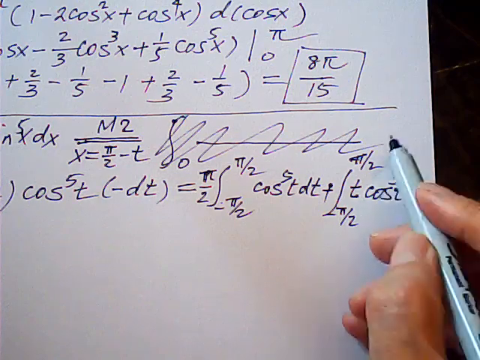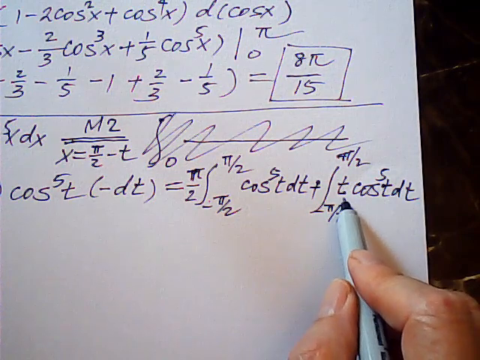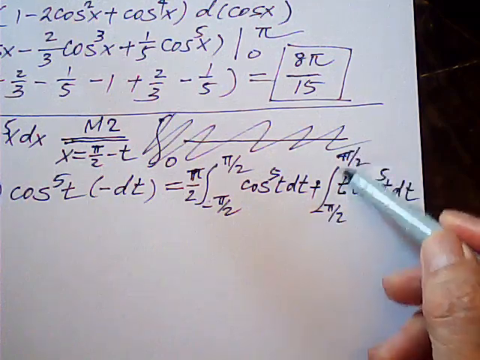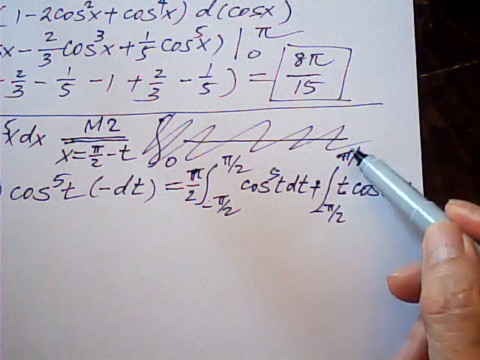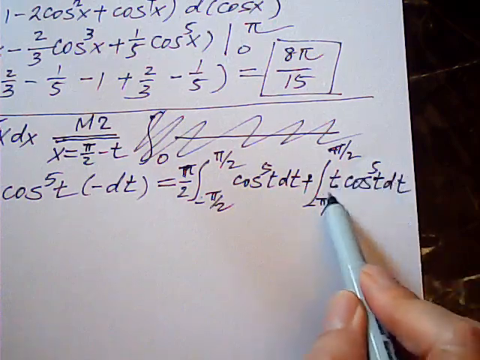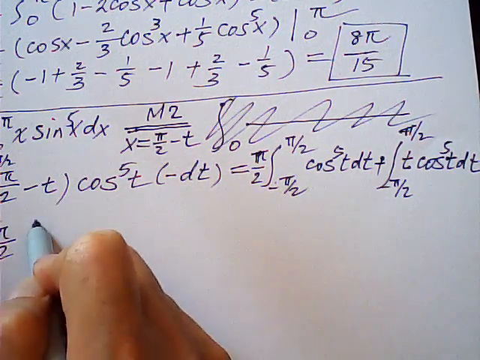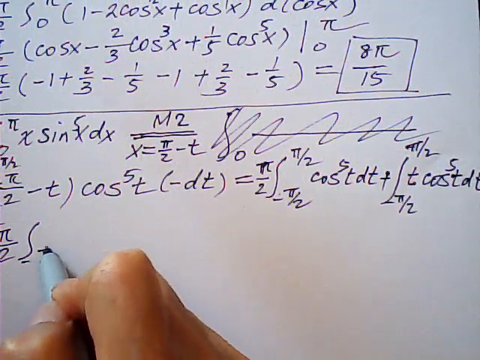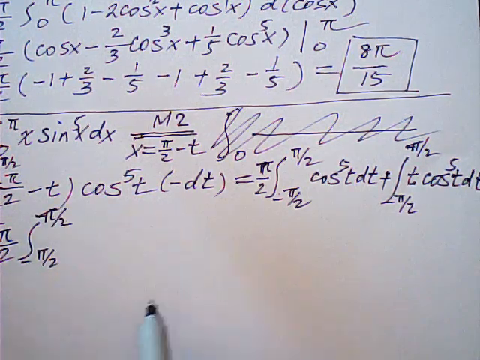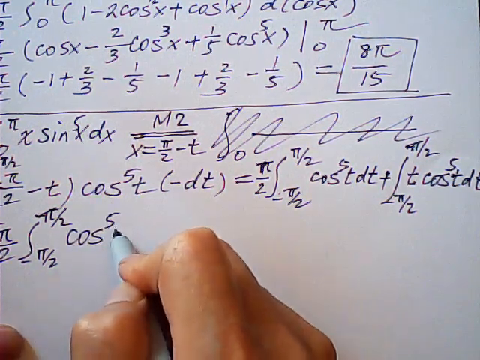As we know, cosine function is an even function. Now when you multiply by t, it becomes an odd function. This is a symmetrical boundary. You see, therefore this integral is 0 because this is an odd function. So it becomes half pi from negative half pi to positive half pi, and I can write x for t, right? This is cosine fifth x dx.